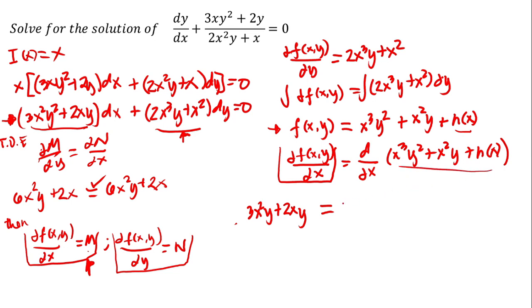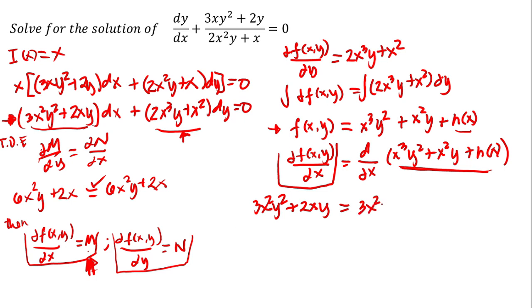We have 3x squared y squared plus 2xy plus dh of x over dx. So simplifying this one, cancel 3x squared y squared, cancel 2xy.